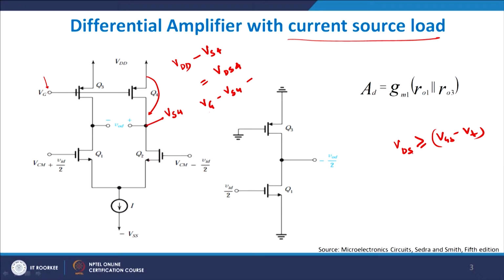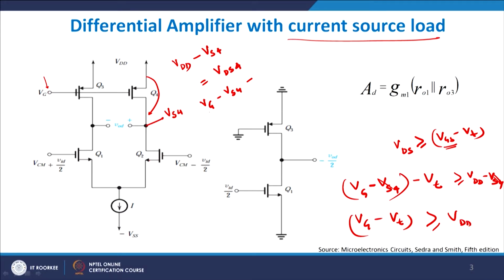So, gate to source is Vg minus Vs4, and this minus the threshold voltage of the MOS device Q4 should be greater than or equal to Vds, which is nothing but Vdd minus Vs4. If you look carefully, the Vs4 terms get cancelled out, and I get Vg minus Vt should be greater than Vdd for this device to stay in saturation, right.